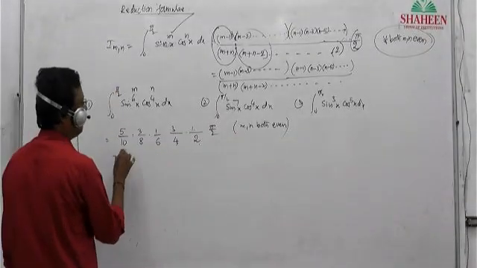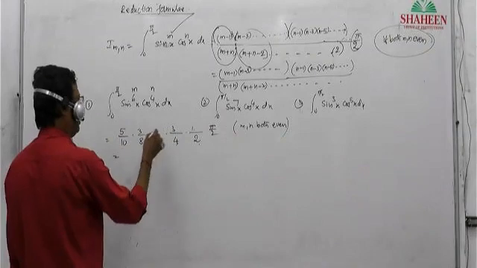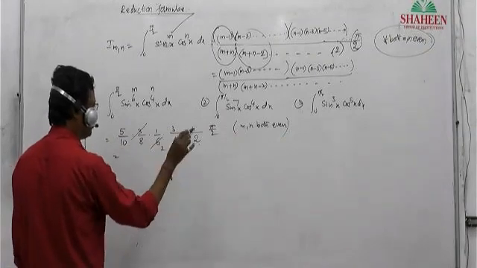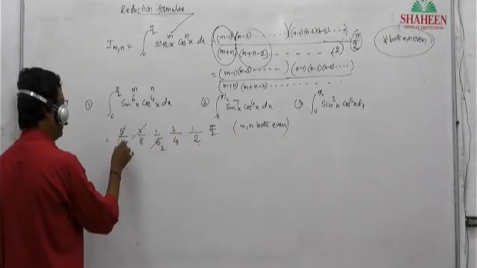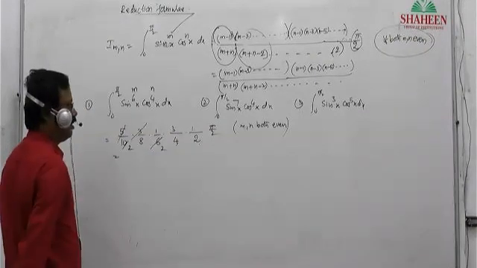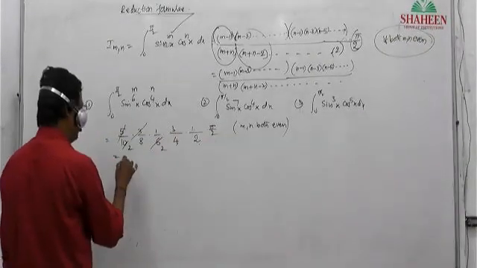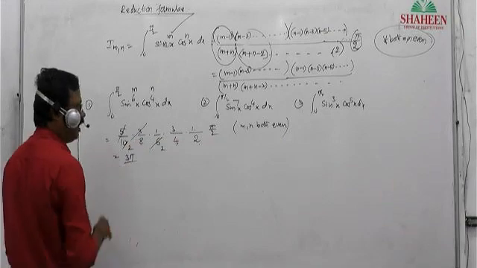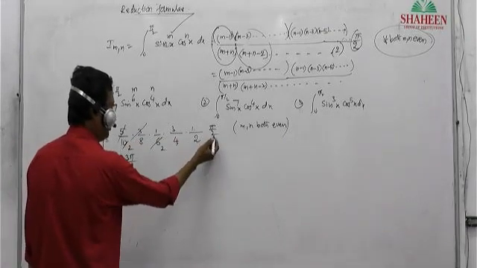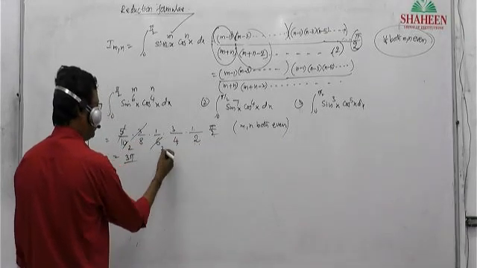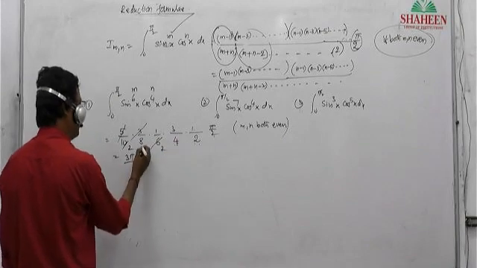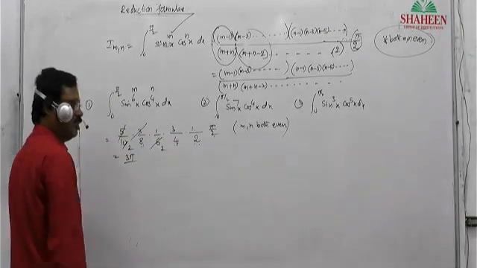Now let me simplify: 3, 2 times. Okay, 5, 2 times. 3 pi by 3 pi by 1, 1 2 3 4 5 6 7 8 9. 2 power 9.